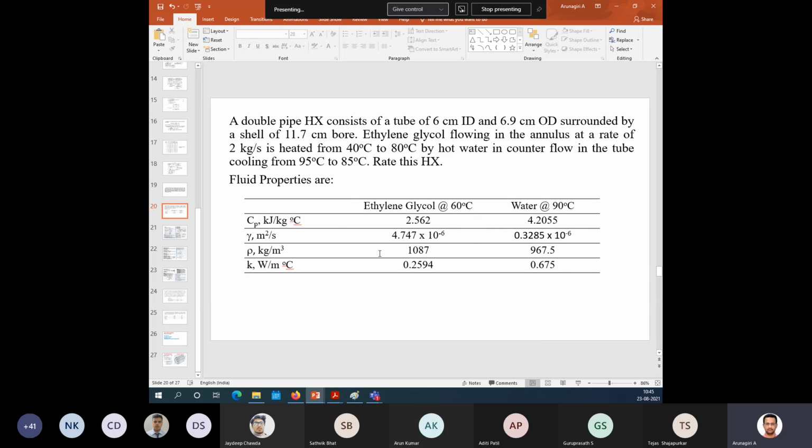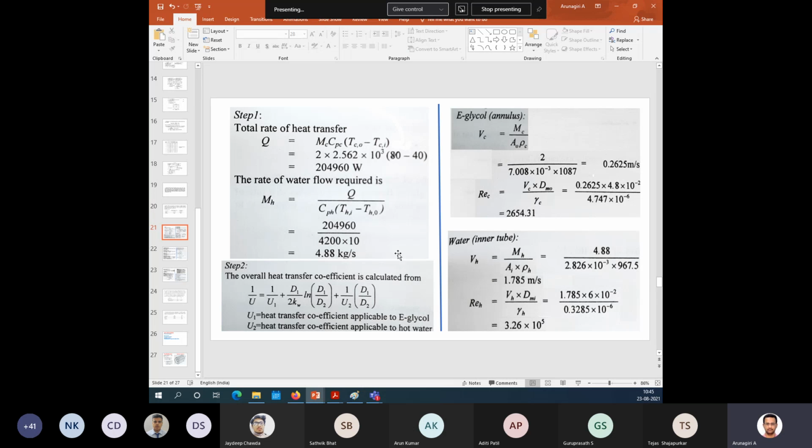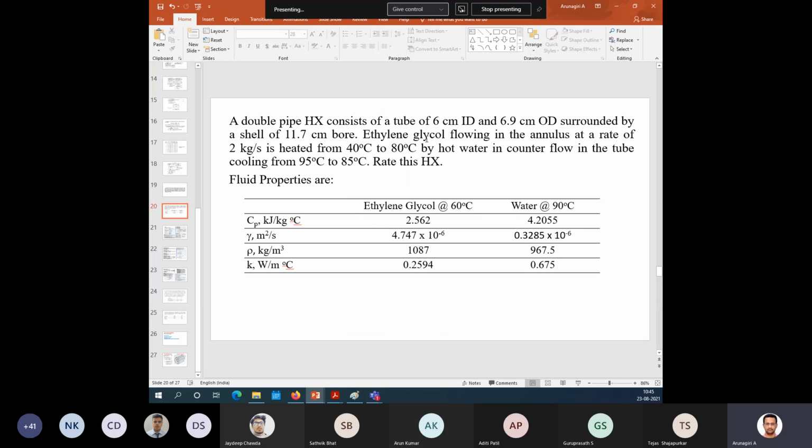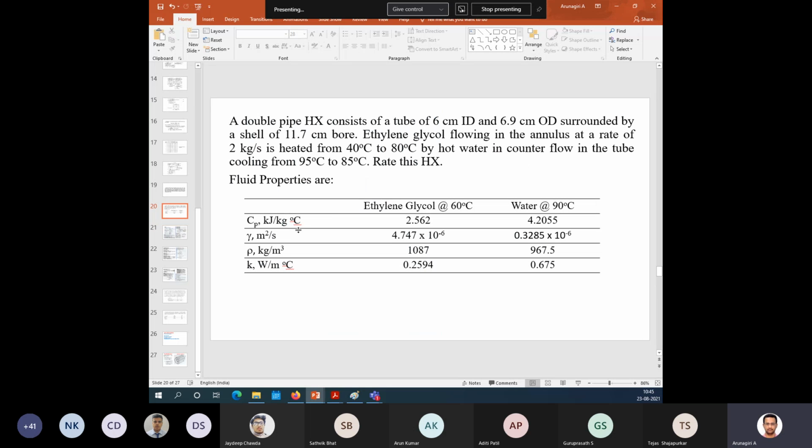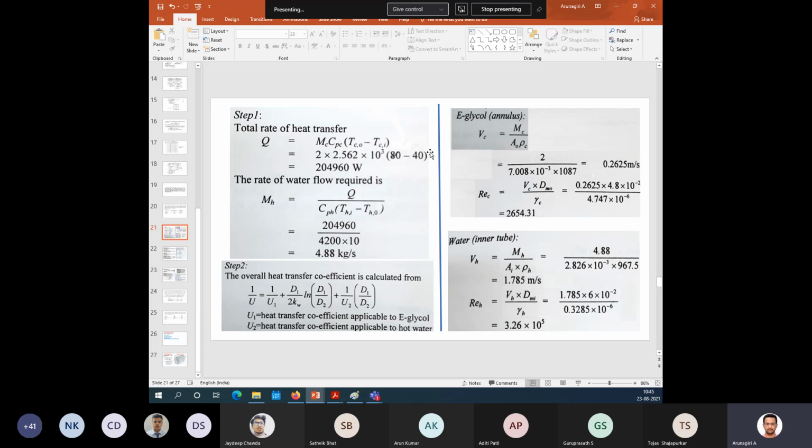So first you have to make an energy balance. That is, Q you have to calculate. All the data we have for ethylene glycol: Cp is known, mass flow rate is known, temperature conditions are known. So for ethylene glycol, Q is equal to m Cp delta T. That is 2 into 2.562 kilojoules per kg degree centigrade into delta T, that is 80 minus 40. 80 is the fluid inlet temperature, 40 is the outlet temperature.